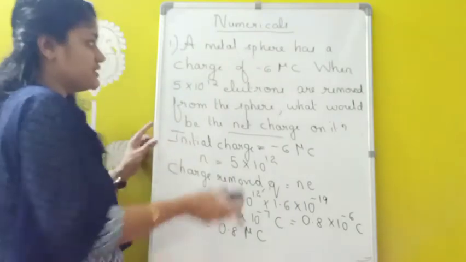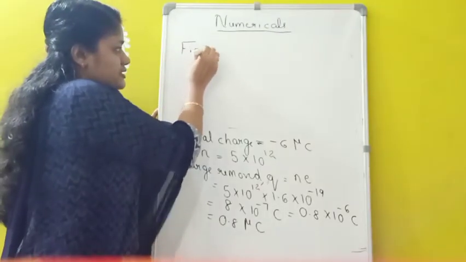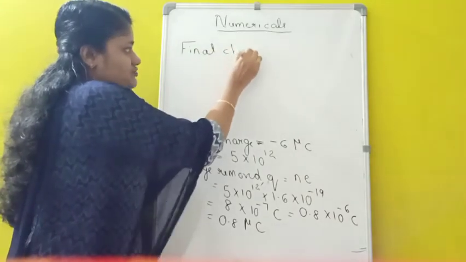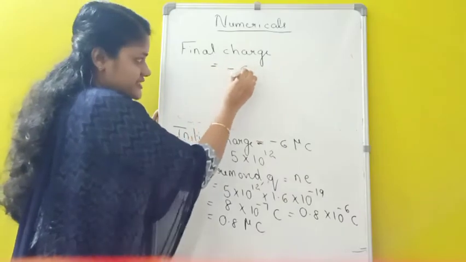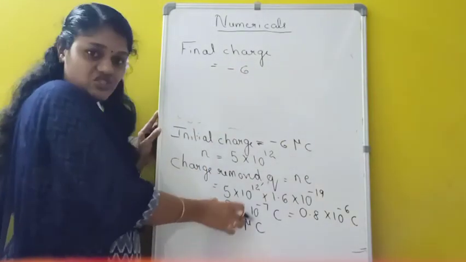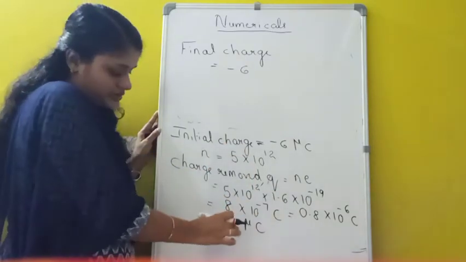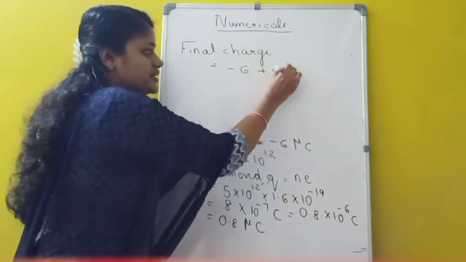Okay. So what will be the final charge now? Final charge of the sphere equals, what is the initial charge? Minus 6. And we are adding this much positive charge because this much negative charge is removing from the sphere. That means this much positive charge is added there. So minus 6 plus 0.8.